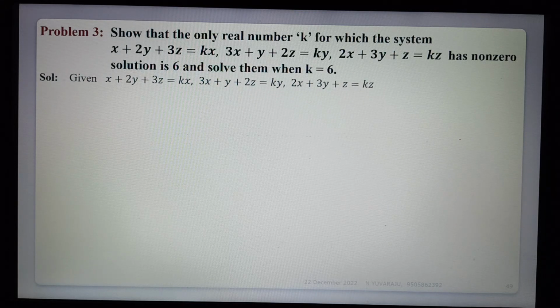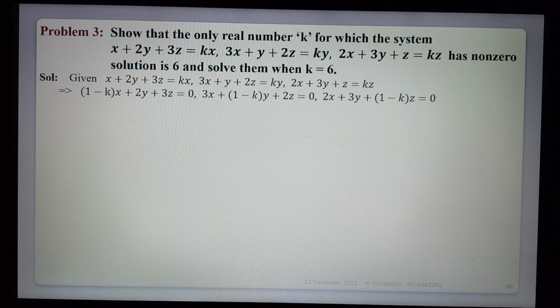See the solution, given equations. So rewrite the equations. Observing here, x plus 2y plus 3z is equal to kx on the right side, and the x coefficient on the left side is also there, so taking kx outside, x common: 1 minus k into x plus 2y plus 3z is equal to 0.